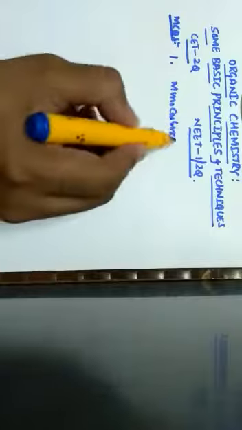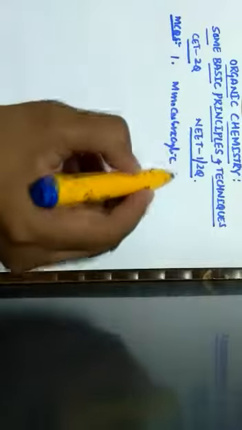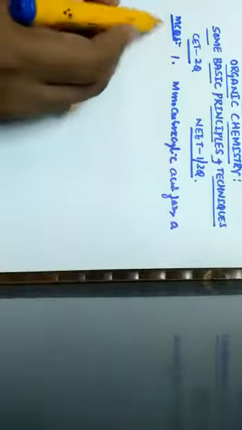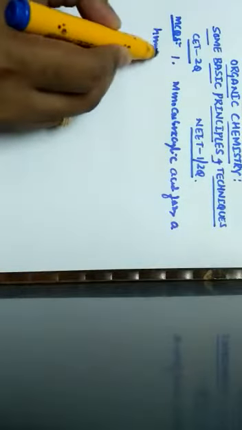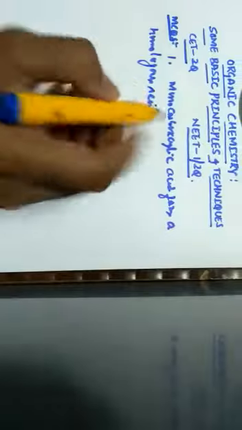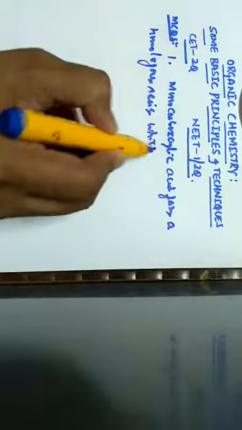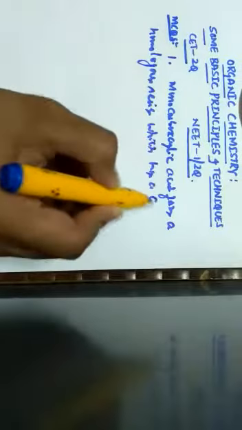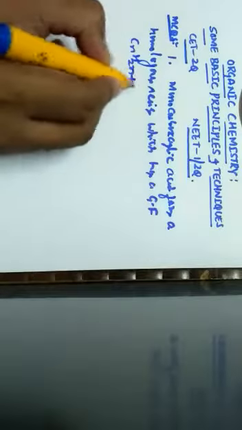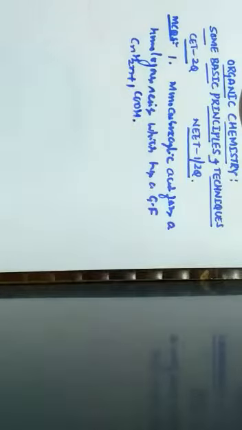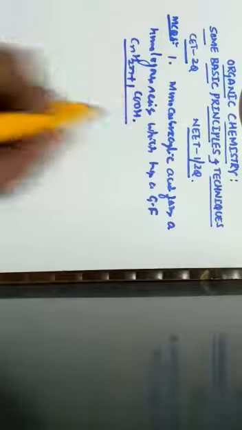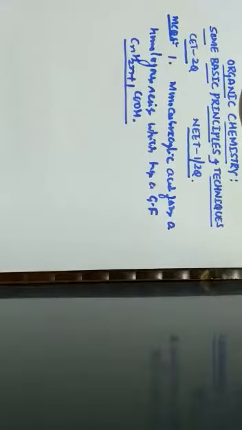That is, a saturated monocarboxylic acid forms a homologous series, which has a general formula CnH2n plus 1 COOH.